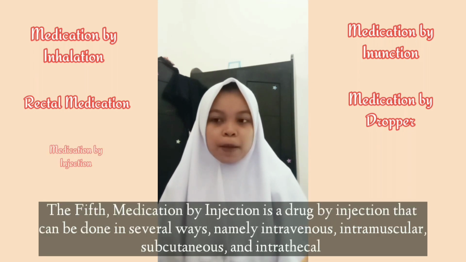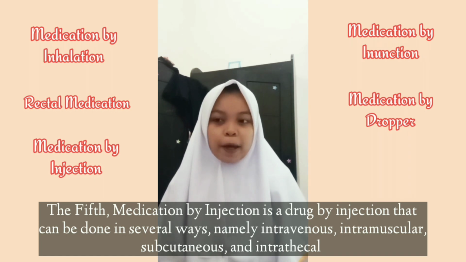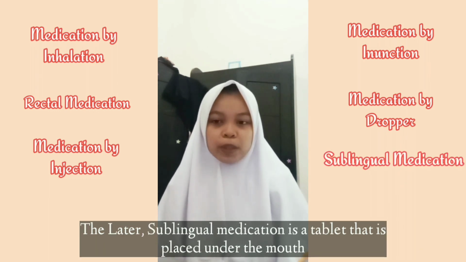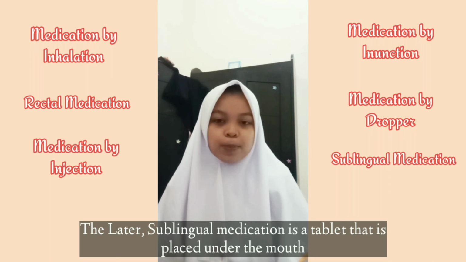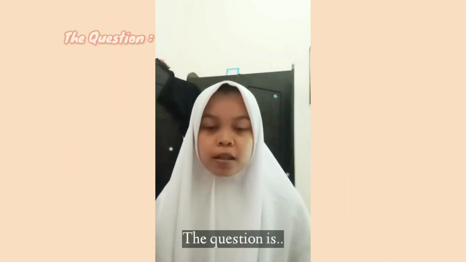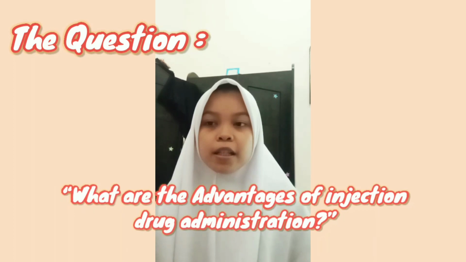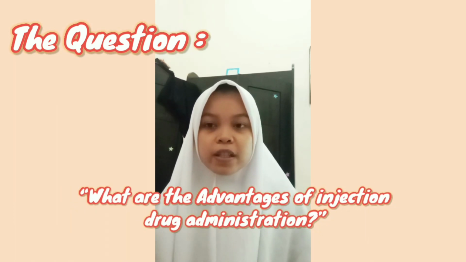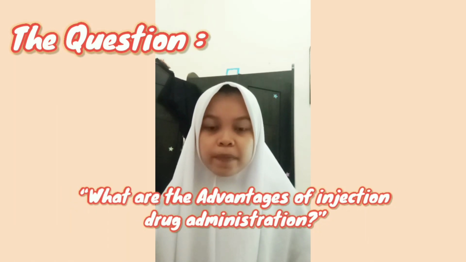The fifth, medication by injection, is a drug given by injection that can be done in several ways, namely intravenous, intramuscular, subcutaneous, and intrathecal. The last, sublingual medication, is a tablet that is placed under the tongue. The question is: what are the advantages of injection drug administration?